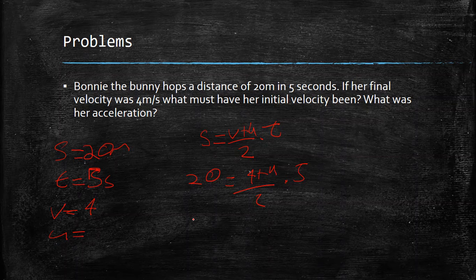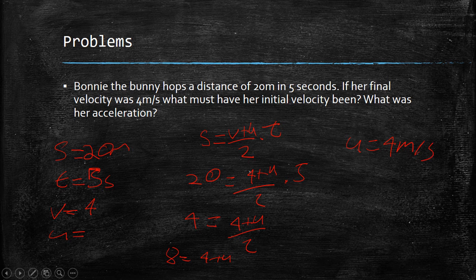Divide both sides by 5, we get 4 is equal to 4 plus U over 2. Times both sides by 2, we get 8 is equal to 4 plus U. Subtract 4 from both sides, we get her initial velocity is equal to 4 meters per second. Interesting, her final velocity and her initial velocity are the same.